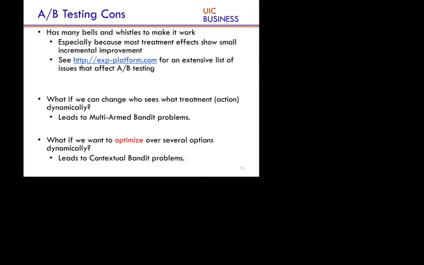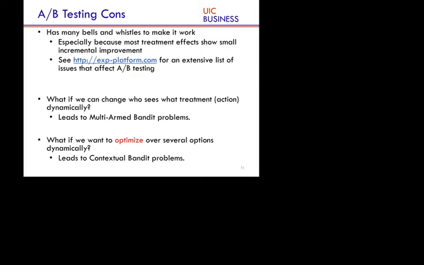But what if we can change who sees what treatment, in the sense of who sees A and who sees B, dynamically? Maybe you know that control A, Bing.com, is having an effect nu1, and some other variation is having an effect nu2, and you know that effect is very bad. So they are very different from each other.